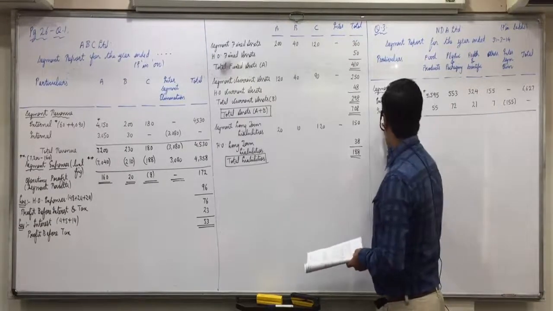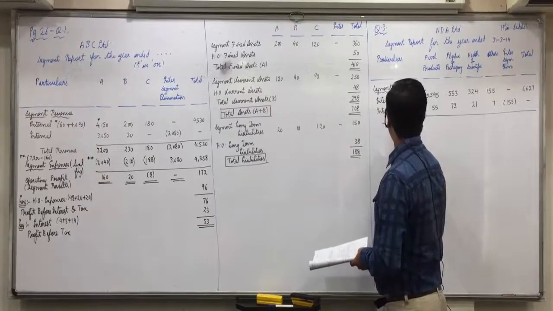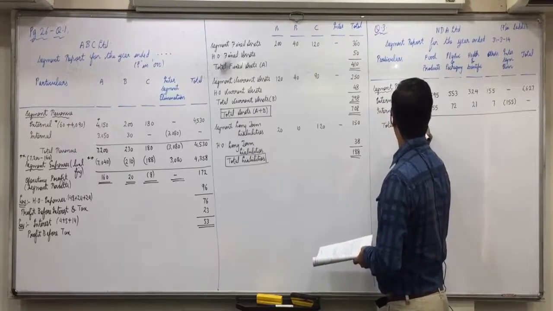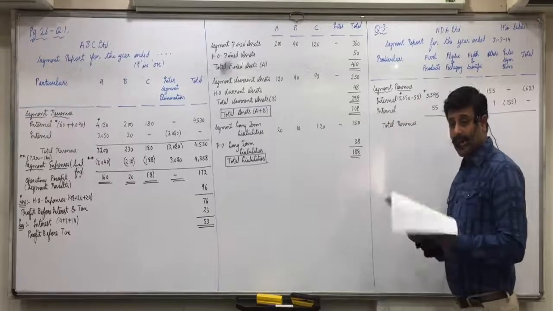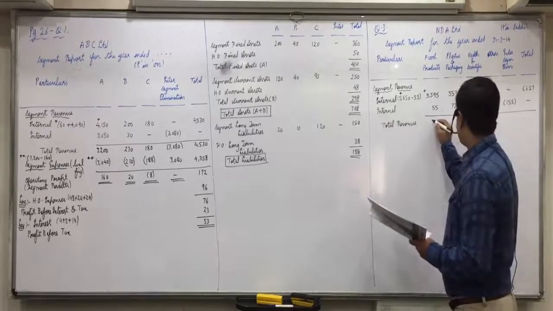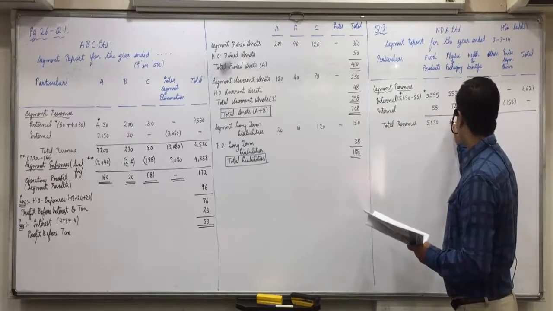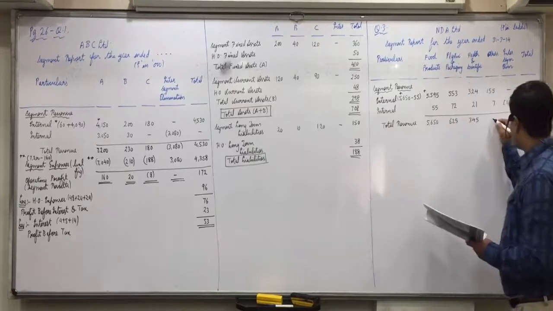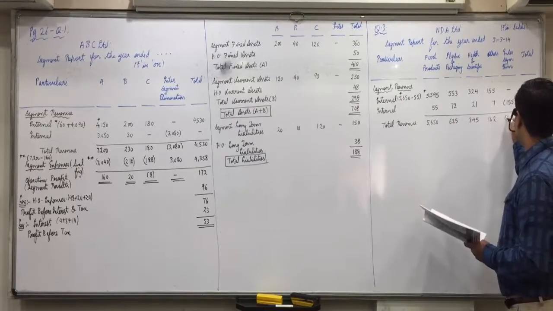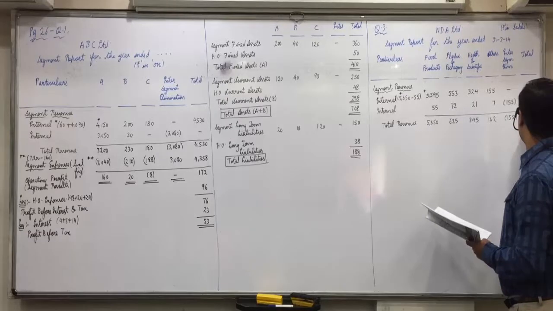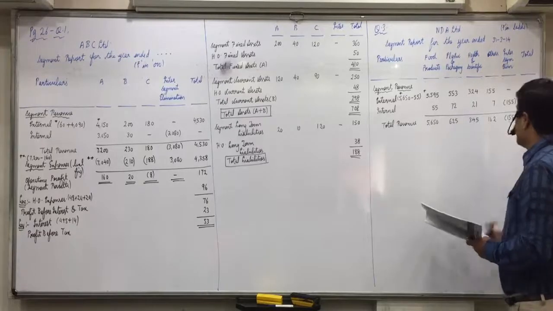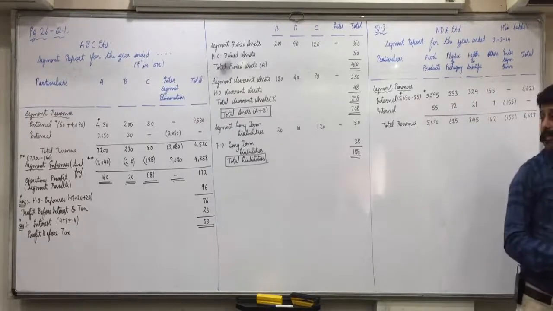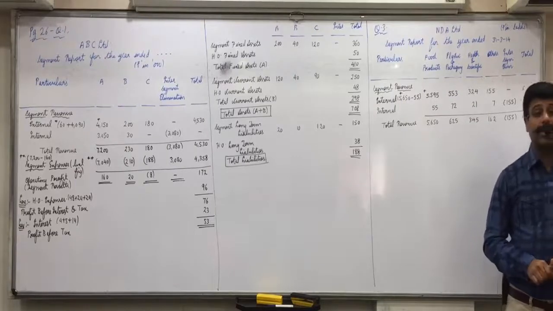So I get the total revenue. That is already given in the first table, directly you can take it from there, because that was the total revenue: 5650, 625, 345, 162. This will be minus 155, so 6627. Anyone having any doubt in this? All are clear up till here?